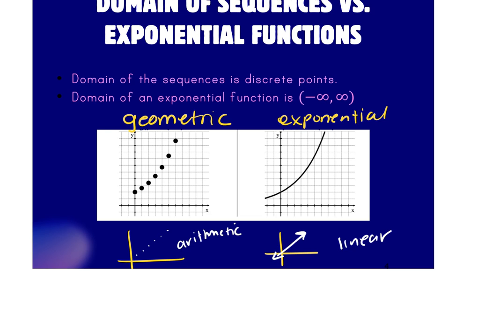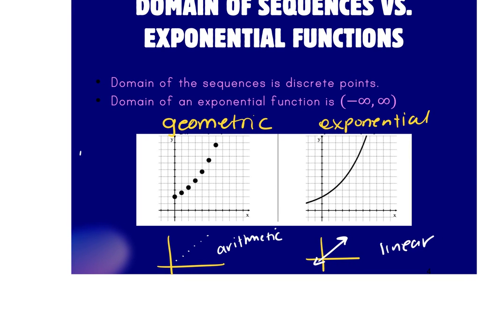So we can also compare those two. Now, specifically when we're talking about the domain, when you're listing the domain in geometric or arithmetic, you would answer them as 0, comma, 1, comma, 2, comma, 3, and so on and so forth. So the domain of this function that's graphed there would be 1, 2, 3, 4.